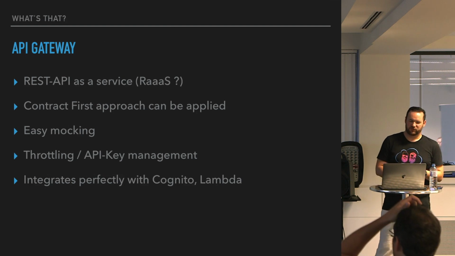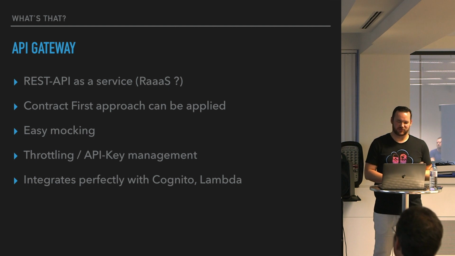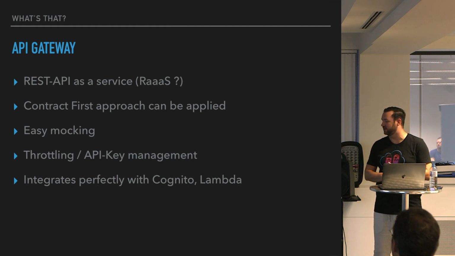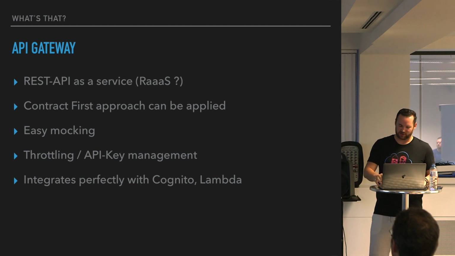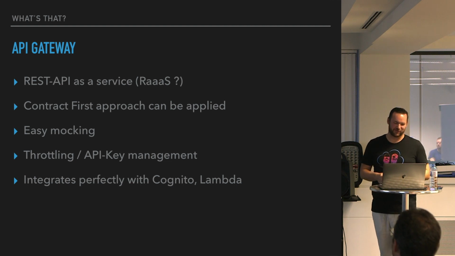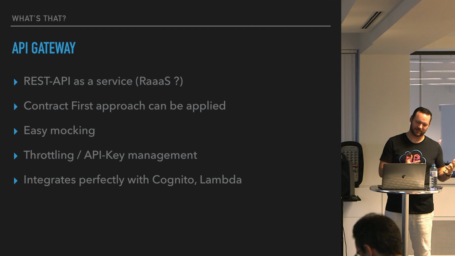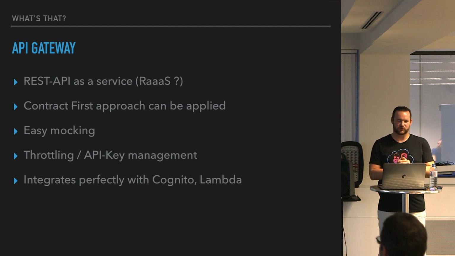The API Gateway is actually a REST API as a service. Because we don't have any cool and fancy short terms for stuff in IT, just call it RAS, because it's a REST API as a service, and it gives you the ability to create a contract-first approach for REST APIs.